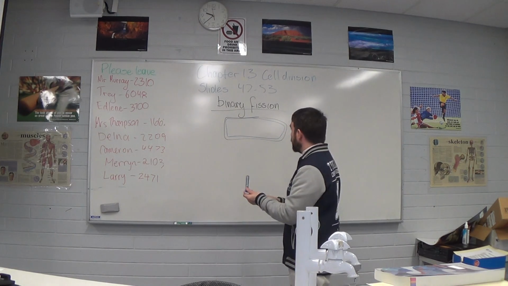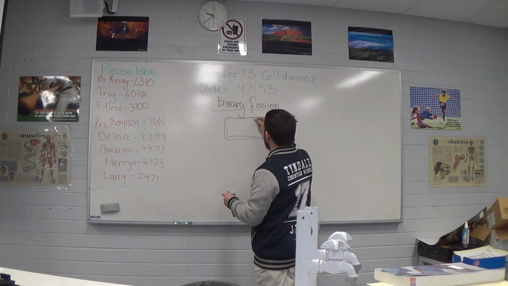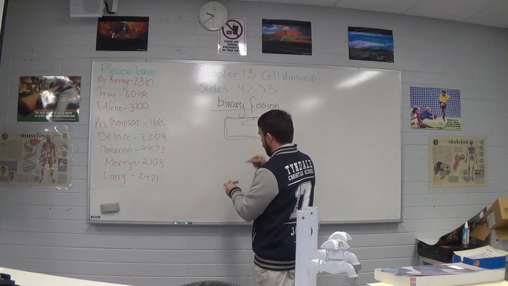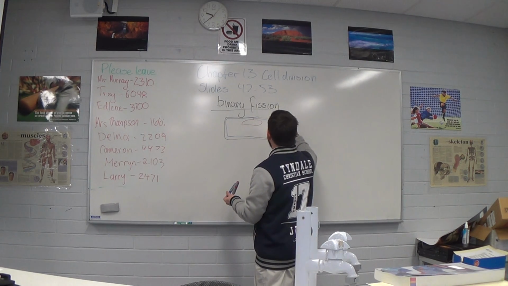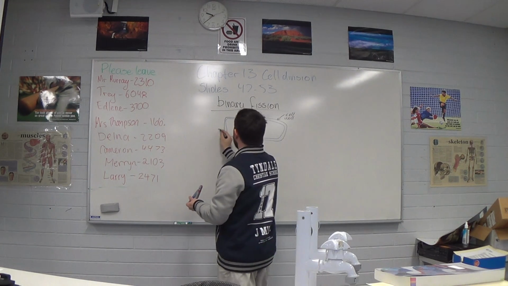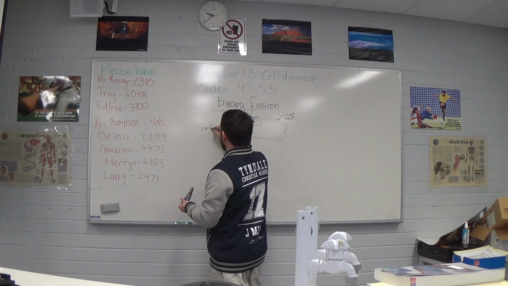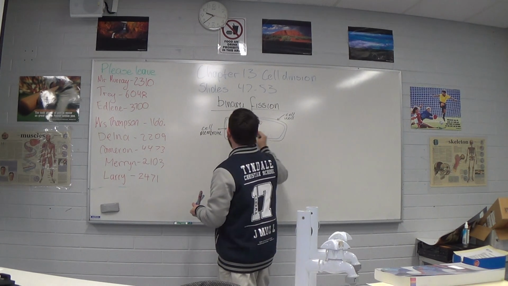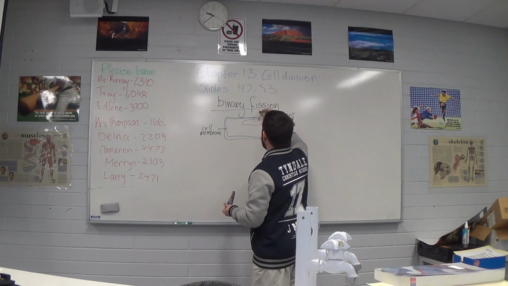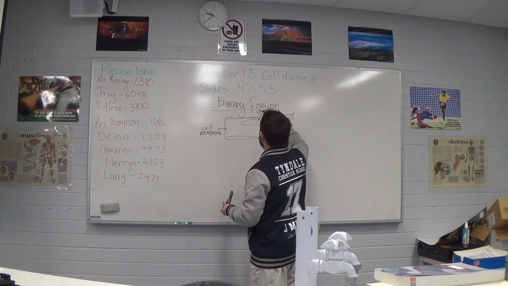So this is our bacteria, and then within here we have our bacterial chromosome. So very quickly we need to do our labels for that. So here is our cell wall, blue is our cell membrane, and then in here is our chromosome.